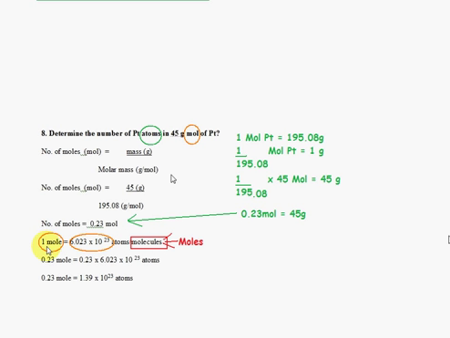But we don't have 1 mole, we've got less than that. We've got 0.23 moles. So we just introduce a 0.23 and multiply it on the right-hand side, which is going to reduce it down considerably. So 0.23 moles is about 1/5 of what it was, which is 1.39 by 10 to the 23 atoms.